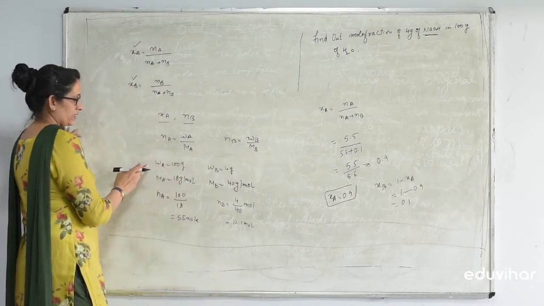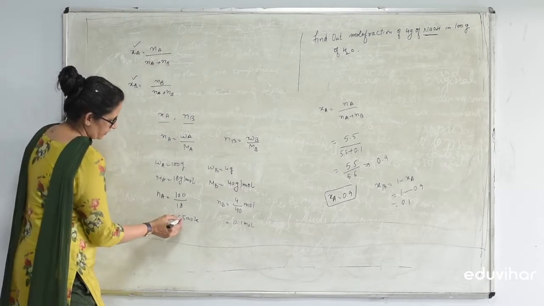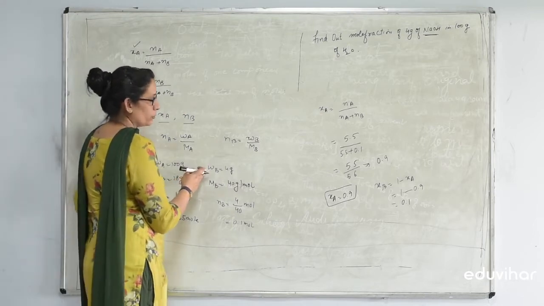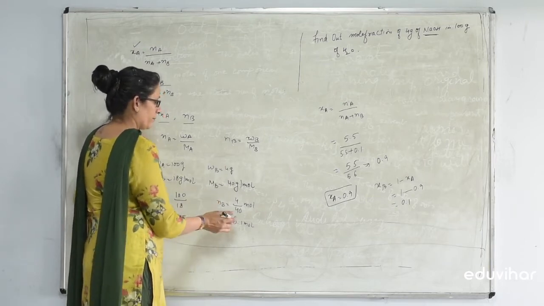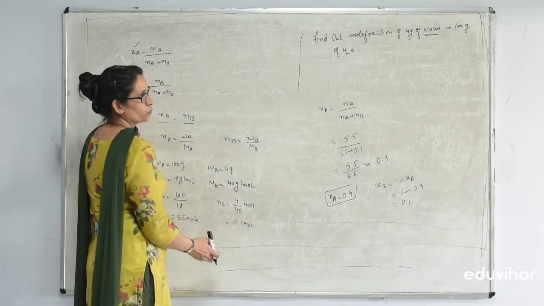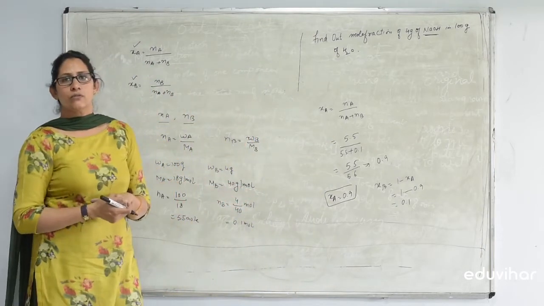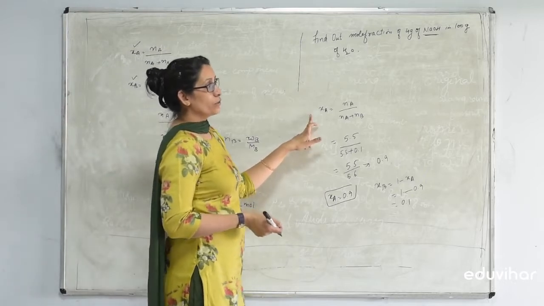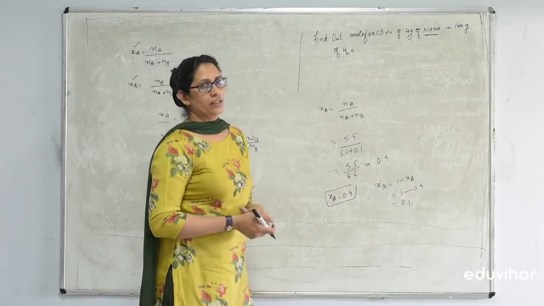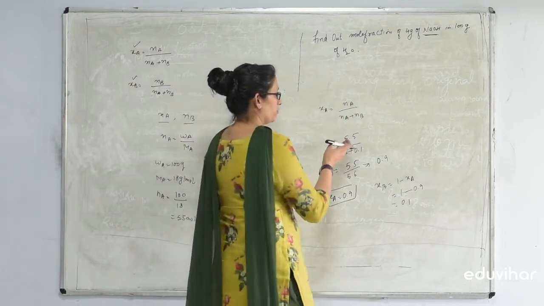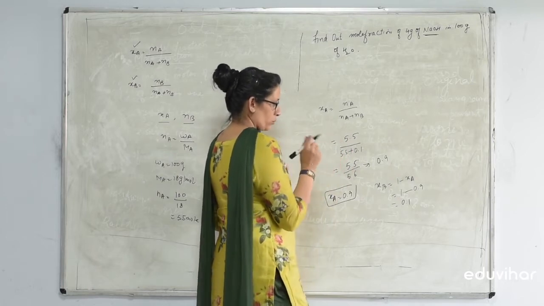Wa is given as 100 gram, Ma is 18 gram per mole, then the number of moles is 5.5 moles. Then Wb is 4 gram, Mb is 40 gram per mole, Nb is 4 by 40 moles, so Nb is 0.1 mole. So we can calculate the value of XA. XA is the mole fraction of solvent, equal to the number of moles divided by the total number of moles of solution, 5.5 divided by 5.5 plus 0.1.